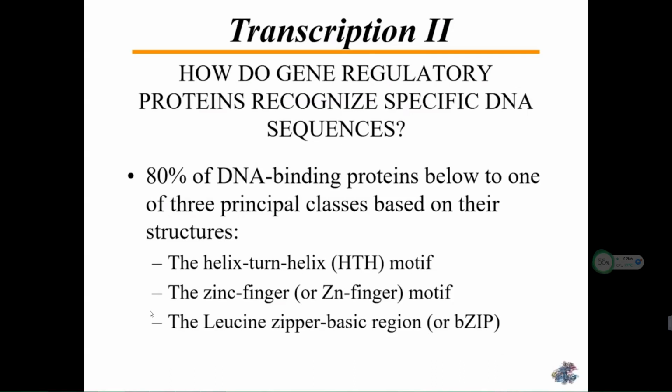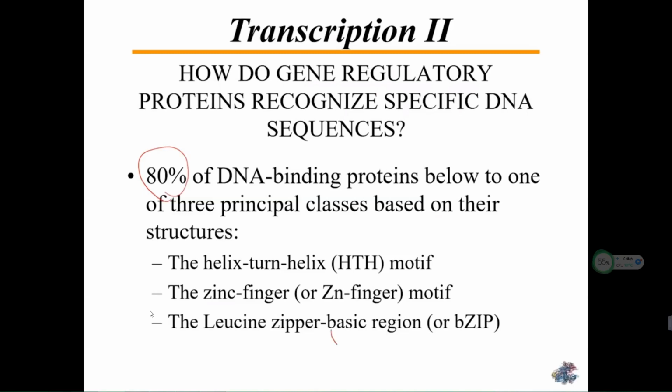At least 80% of these DNA binding proteins have one of three principal motifs based on their structure, and they include the helix turn helix, so the HTH motif, zinc fingers, and we'll look at those in a few minutes, and also leucine zipper basic regions, or B, which stands for the basic B zips, they're often called. Okay, so that's where the B comes from.